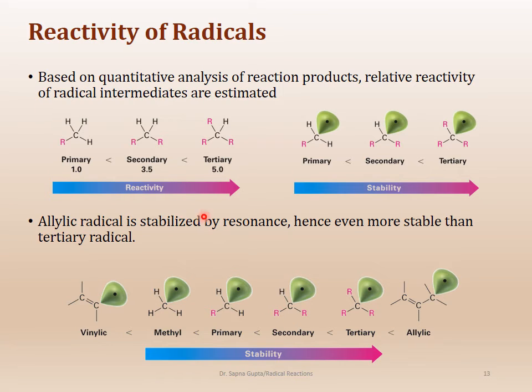Here, this first little chart shows that the tertiary hydrogen will react the fastest, and then the primary hydrogen will react the least, and that is because the tertiary radical is the most stable versus the primary radical, just like carbocations. So the stability order is still the same for radicals as it is for carbocations.